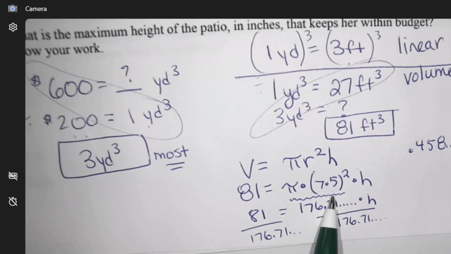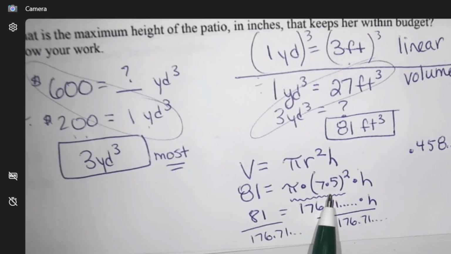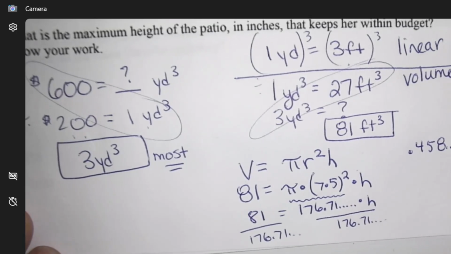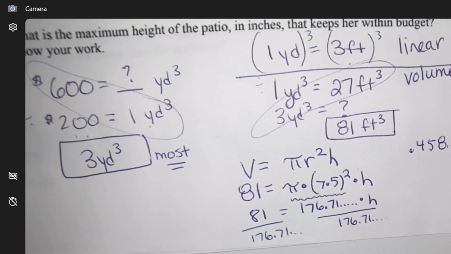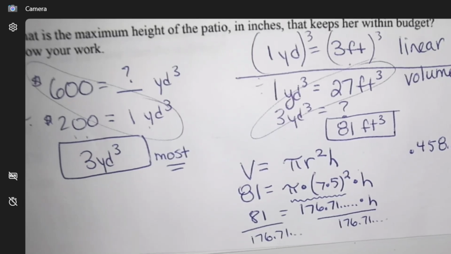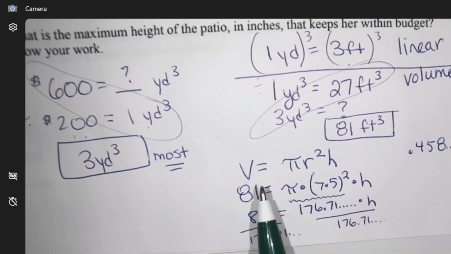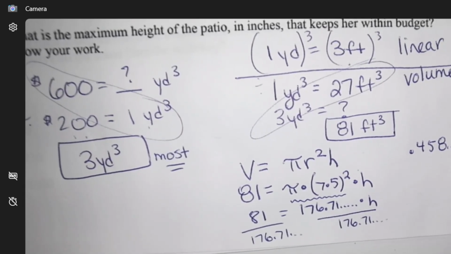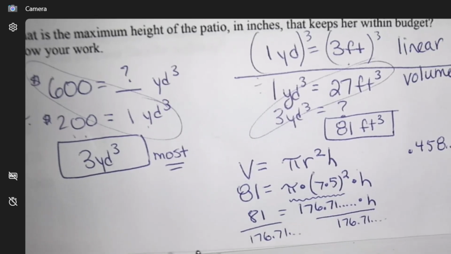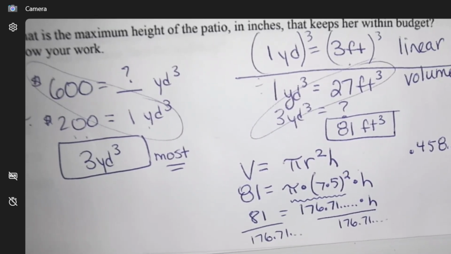What was 7.5 in? Feet. Everything's been in feet. Feet, feet, feet. We were doing this with feet. So our answer's in feet. But what does it want my answer in? Inches.